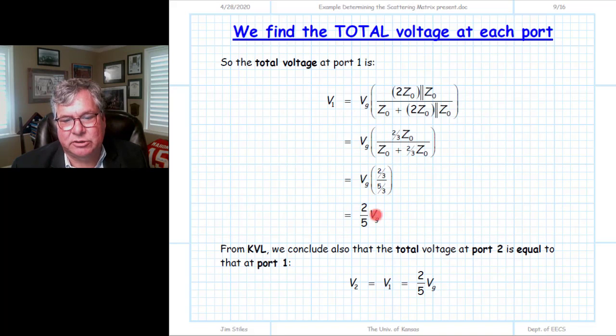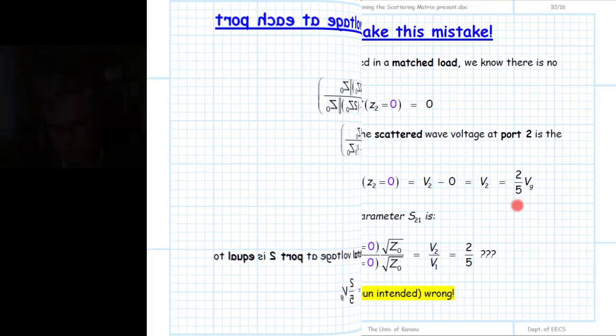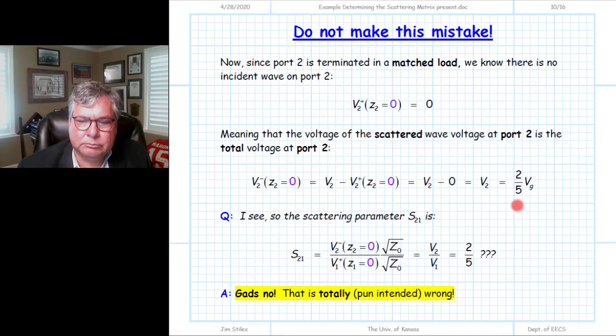So the result is in terms of that open circuit voltage VG on our matched source, and that is always going to be the case, that these voltages are going to be dependent on whatever that value is. We can then turn toward the second port voltage V2, but we look at that circuit and we can tell by KVL that V2 is simply equal to V1. They're in parallel with each other. And so V2 is likewise equal to 0.4 VG.